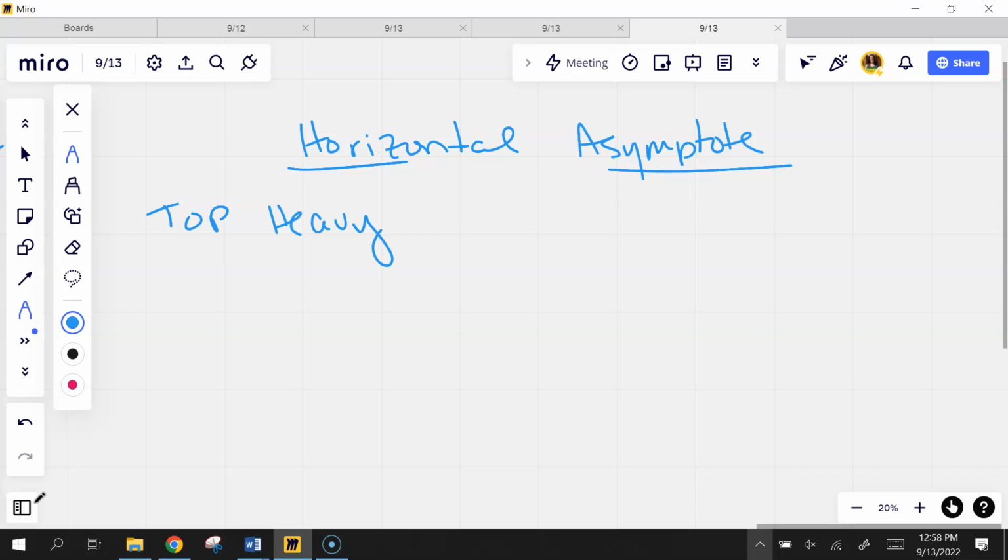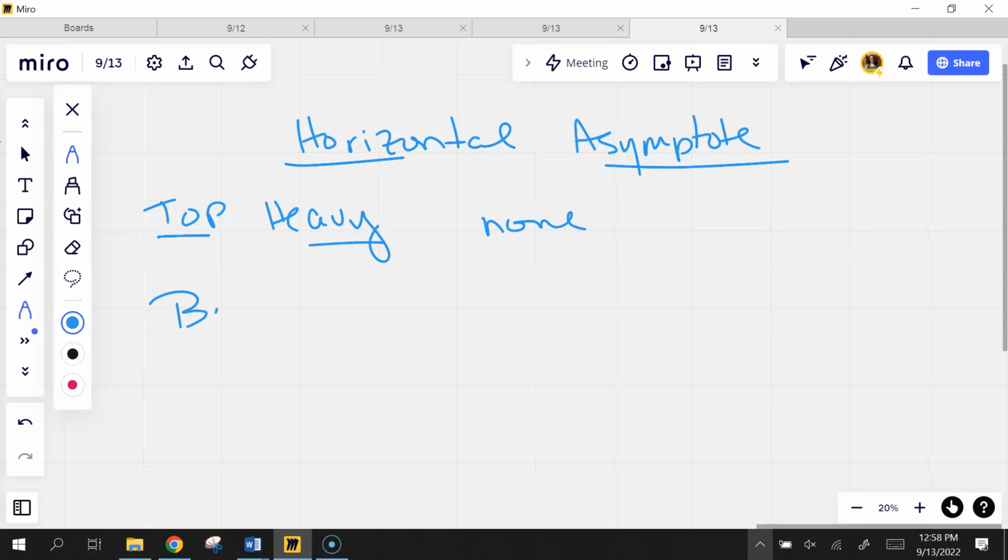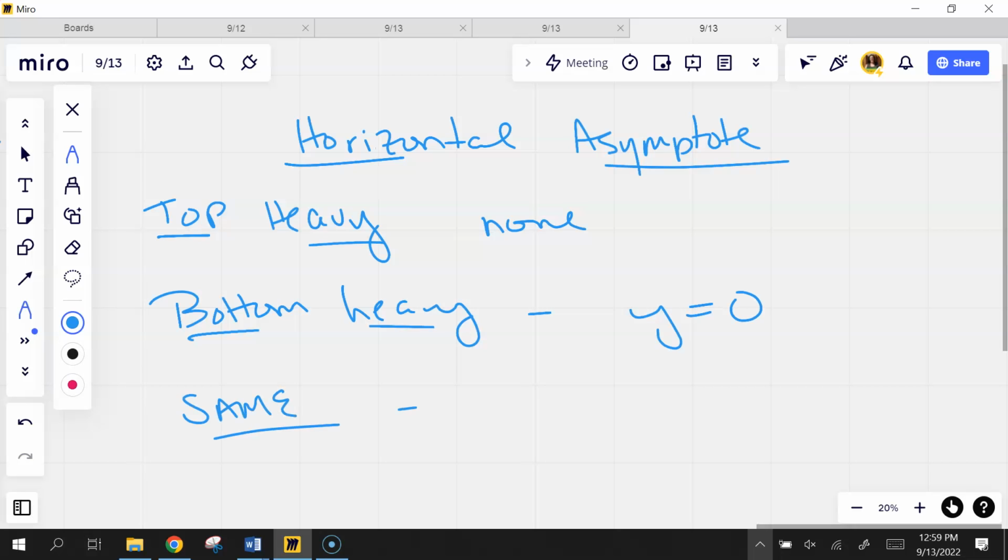Which exponent? Assuming that it's written as standard, the biggest exponent. Top heavy. Where's the asymptote? Horizontal, so I'm y equals. Where's the asymptote? None. How about bottom heavy? And how about same? That's right.